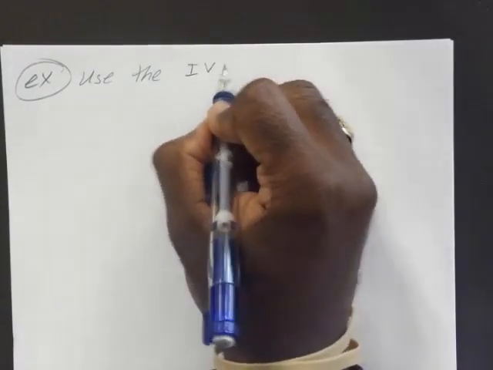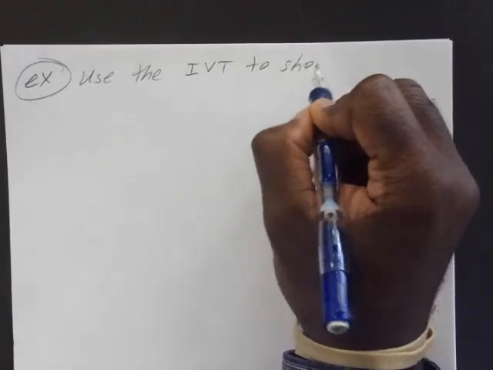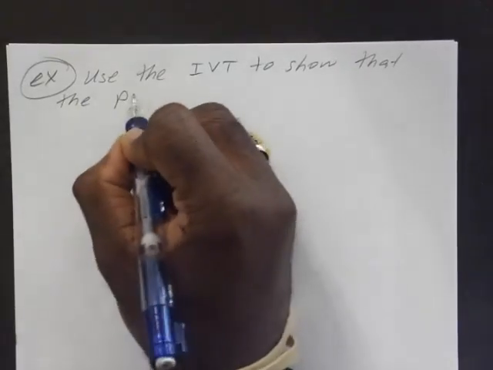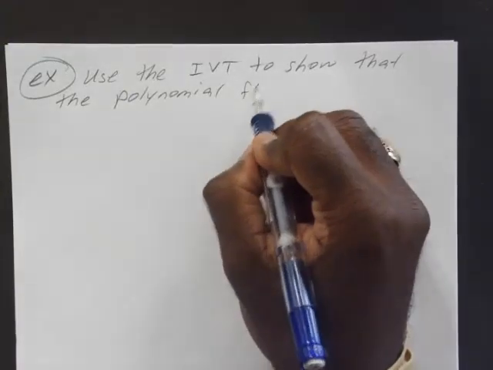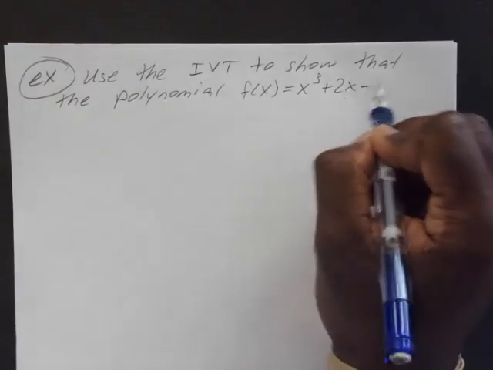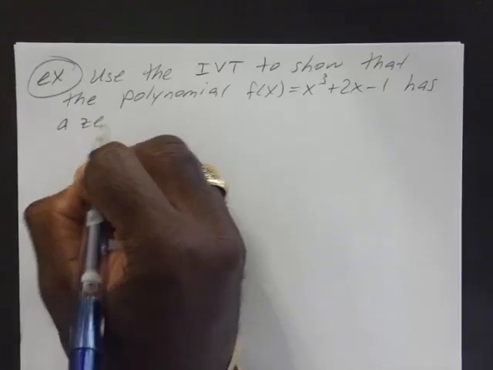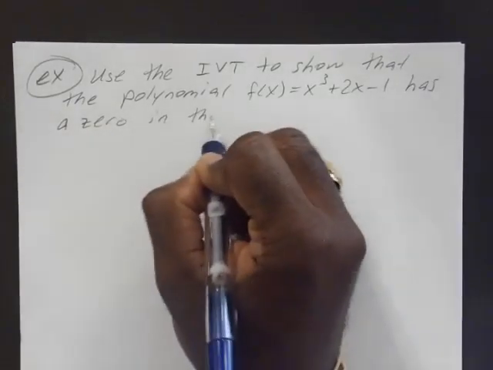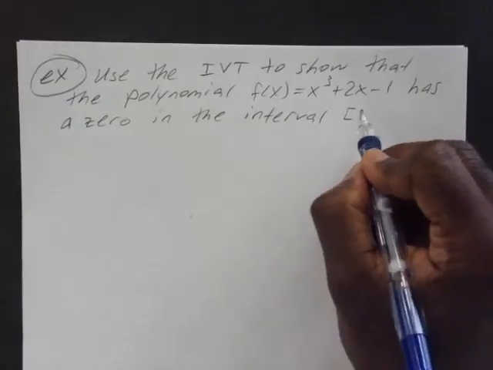Use the intermediate value theorem to show that the polynomial f of x is equal to x to the third power plus 2x minus 1 has a 0 in the interval from 0 to 1.